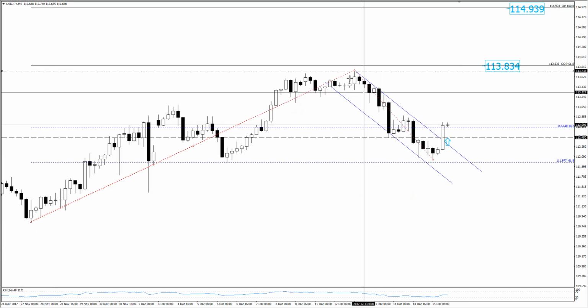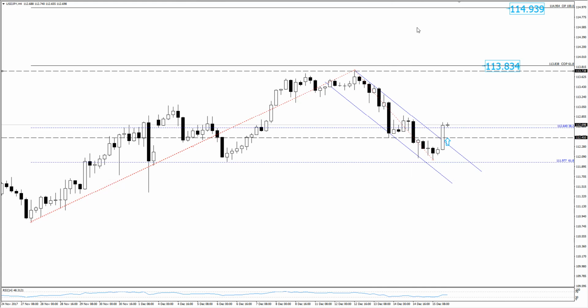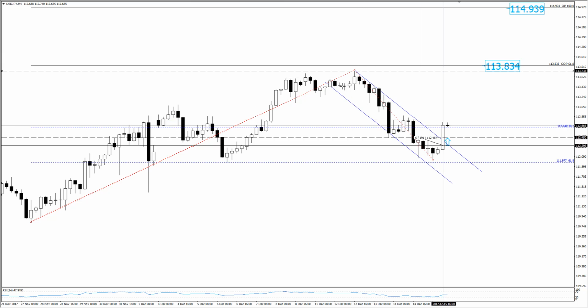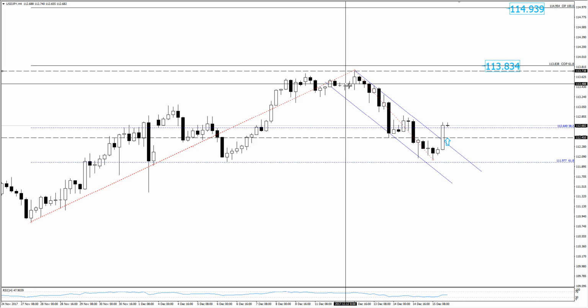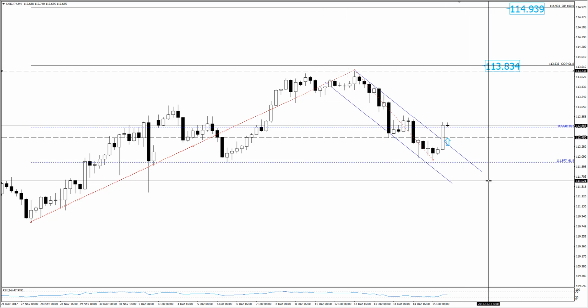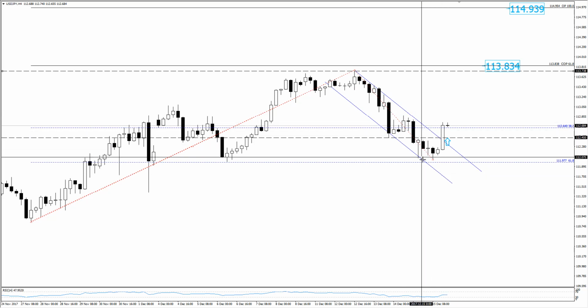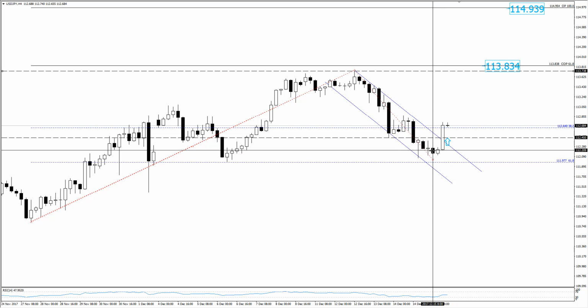Now back here, not just a 61.8 Fibonacci retracement, we also got a broken downward channel, and this was a 3 day channel if I'm correct. Yeah, this is about a 3 day channel. So the 3 day downward channel was broken this 4-hour bar. We got a rejection of the 61.8 retracement.